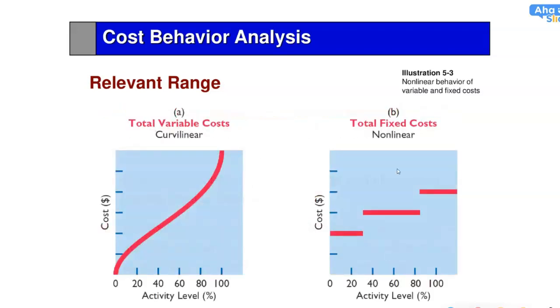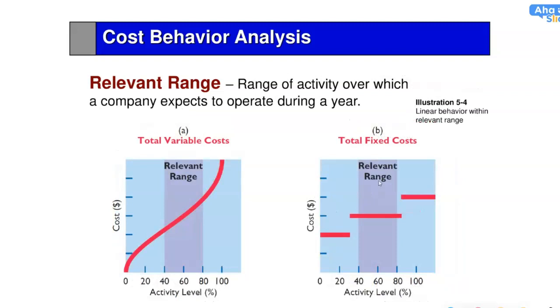Once we go outside of it, as you can see, the total fixed cost will jump. Here's a better idea. So the relevant range of capacity on the right-hand side here, between 0 and it looks like 30. But once I go beyond 30, I need more capacity.